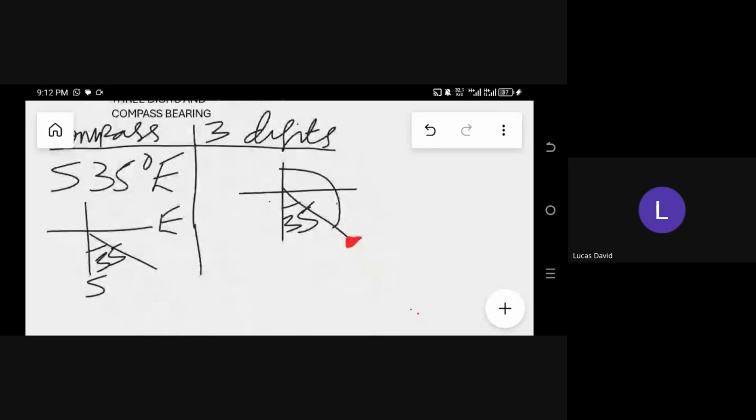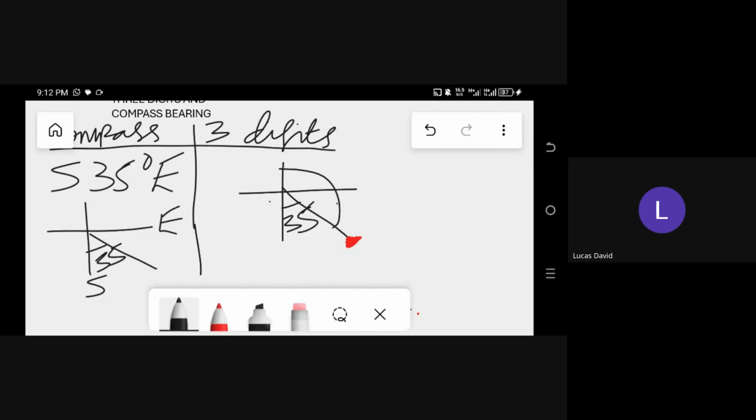But now the small angle between the south and the east, that's the south 35 degrees east, is 35. So what is the value of the remaining angle from the north until we get to this line we marked red? Remember, north to south is 180 degrees.